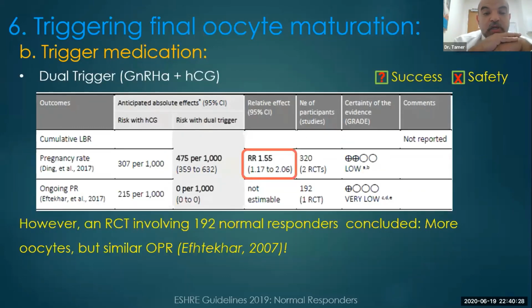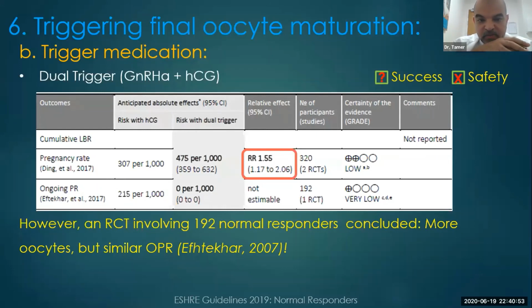Dual trigger, well, an original systematic review of 2 randomized controlled trials with 300 patients pooled together said that maybe the dual trigger of agonist plus HCG may improve the pregnancy rate, and it's quite exciting to think this way.